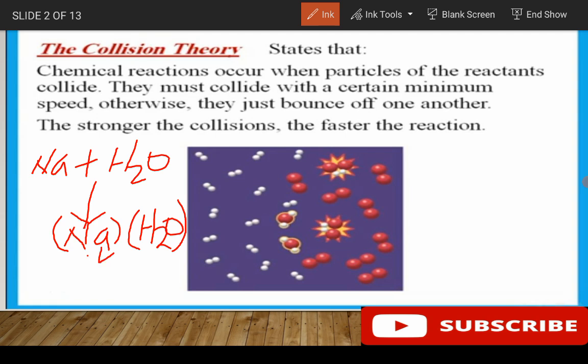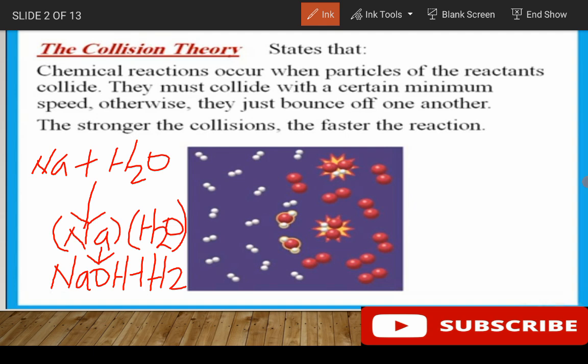The reaction will produce sodium hydroxide and hydrogen gas. So for this to happen, first and foremost, there must be a collision, and that collision must be successful, must be accompanied by a minimum amount of energy, which we call activation energy.